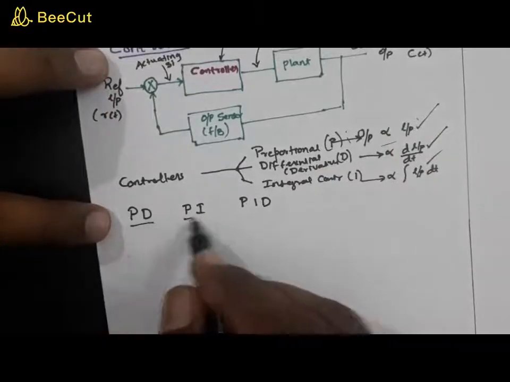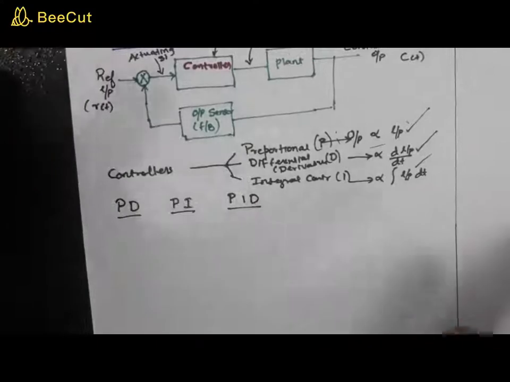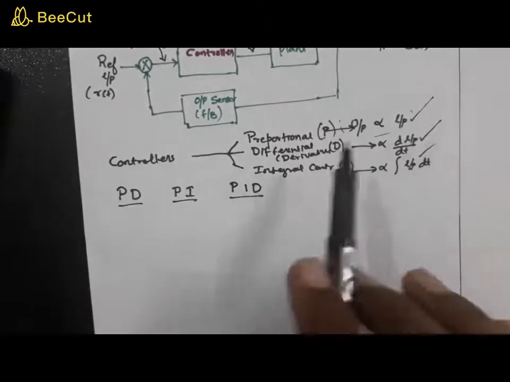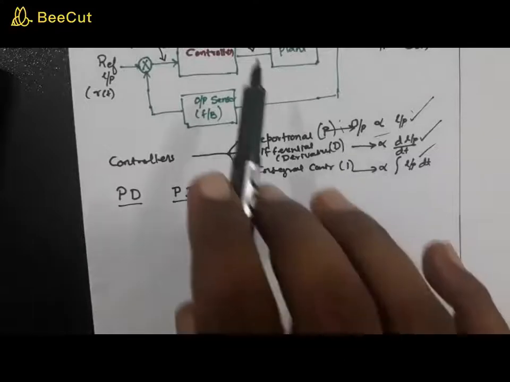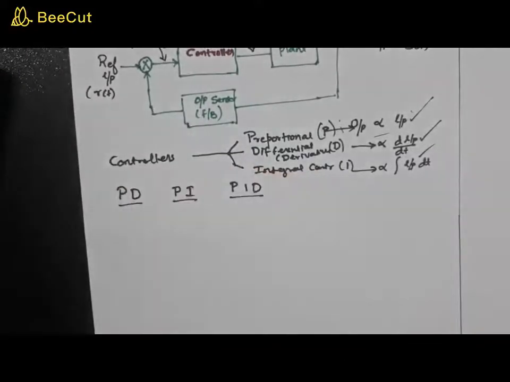So basically the controllers are the proportional controller, differential controller, and integral controller. Do remember, this classification is based on the relationship between the output of the controller and the input to the controller. Okay, right?